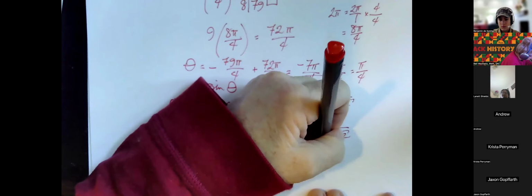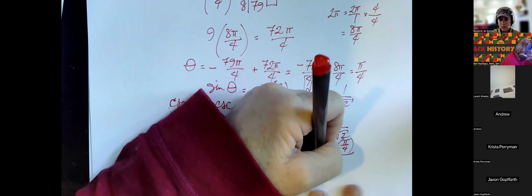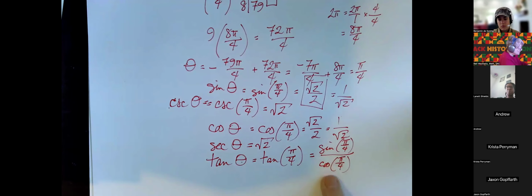Because one of the ways that we can think of tangent is sine divided by cosine. If the sine and the cosine are the same number, what is the tangent?